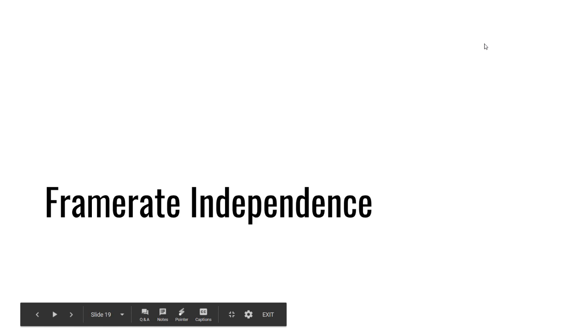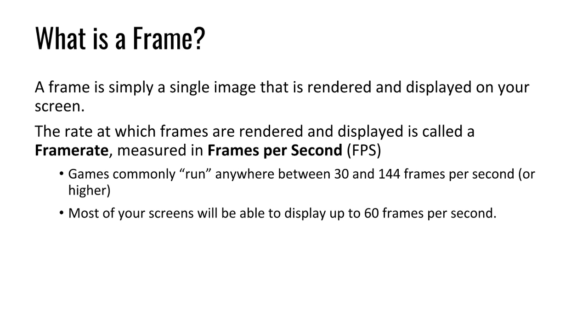We're going to be finishing up soon, but I want to get through frame rate independence really quickly. I believe I explained this a little bit last time. To understand frame rate independence, we need to know what a frame is. A frame is just a single image that was displayed on the screen.